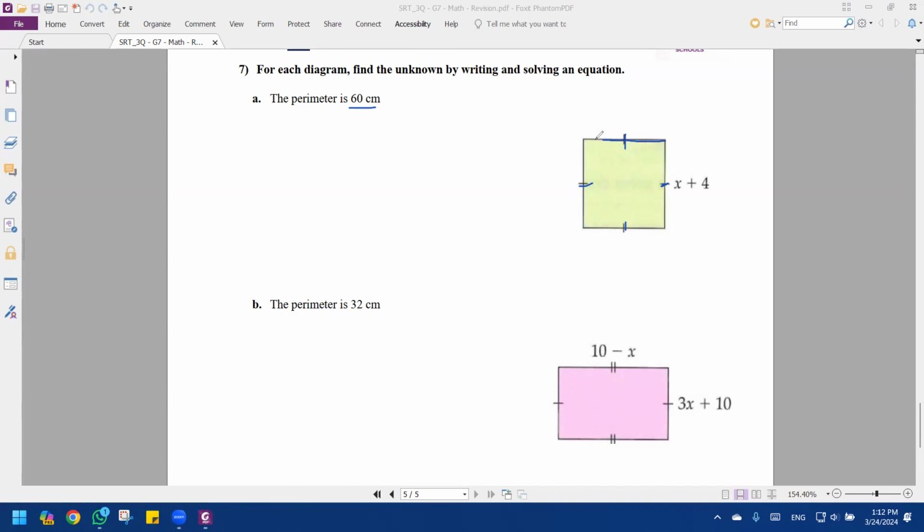Means we add all the sides. We need to add all these sides. One of them is x plus 4. So I should do x plus 4 plus x plus 4 plus x plus 4. How many times? 4 times. But instead of repeating myself, you can do it like this actually. But for me, since all the sides are equal, I will multiply it by 4.